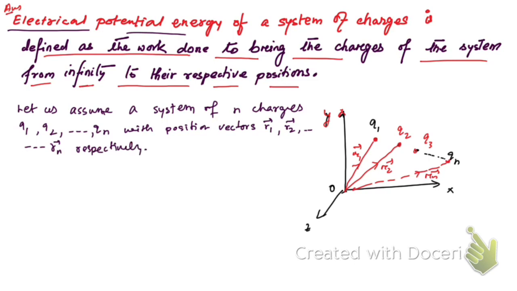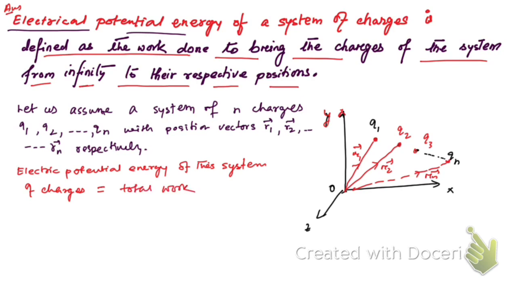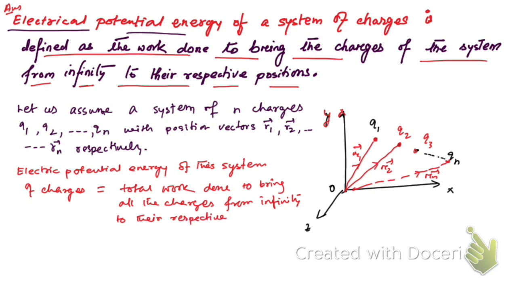Now the electric potential energy of this system of charges is equal to the total work done to bring all the charges from infinity to their respective positions.